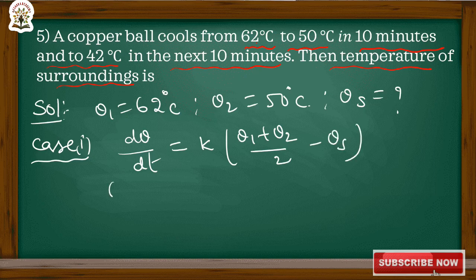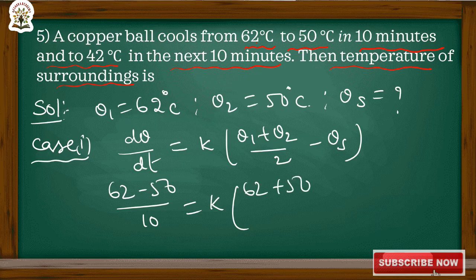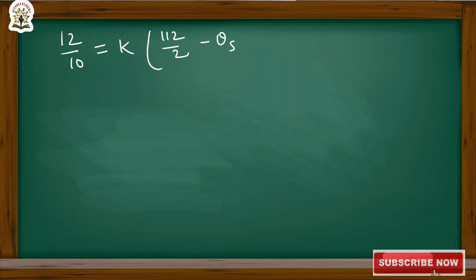Substituting the values, (62 minus 50) by 10 is equal to k of (62 plus 50) by 2 minus theta s. Next, 62 minus 50 how much? 12. 12 by 10 is equal to k of (62 plus 50, 112) by 2 minus theta s.